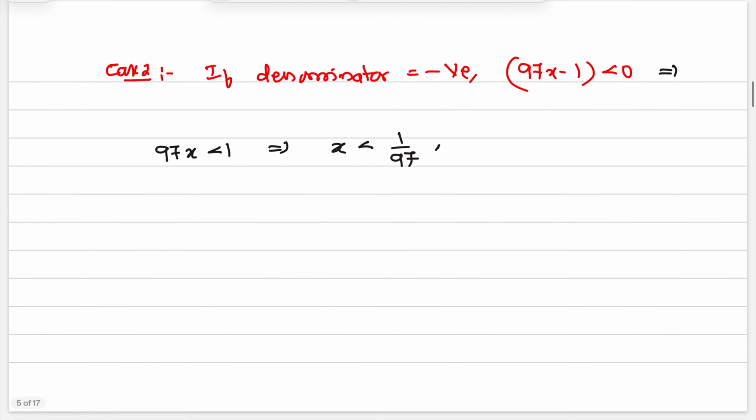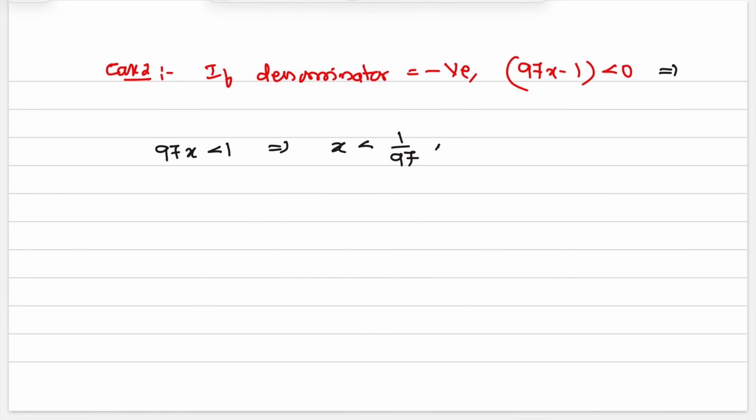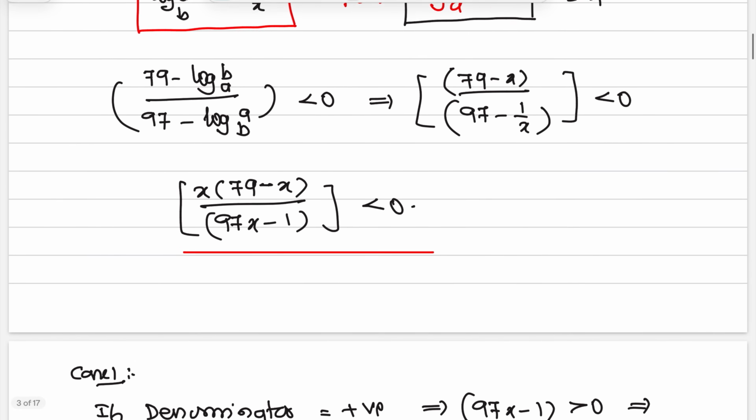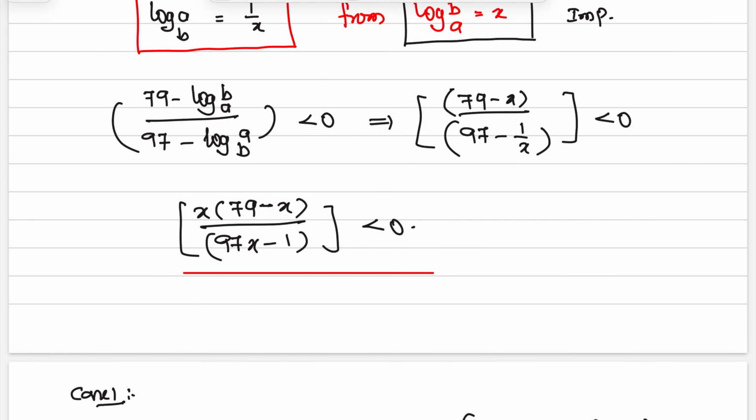And what happens to numerator? The inequality changes in numerator because denominator is negative, numerator changes sign, changes inequality. That means x into 79 minus x is not less than 0, it will be greater than 0.